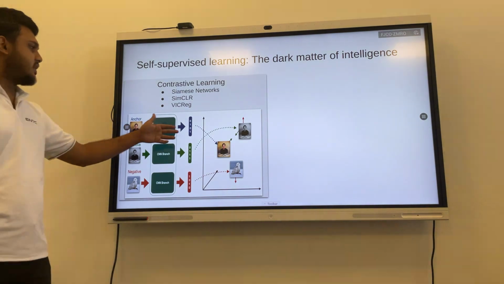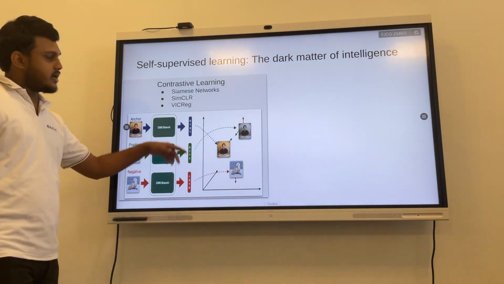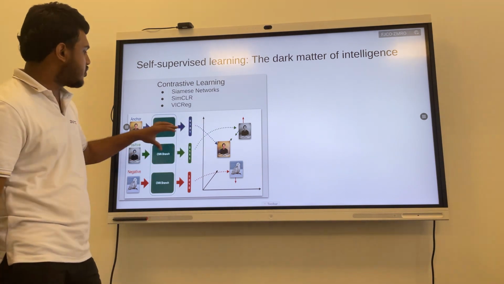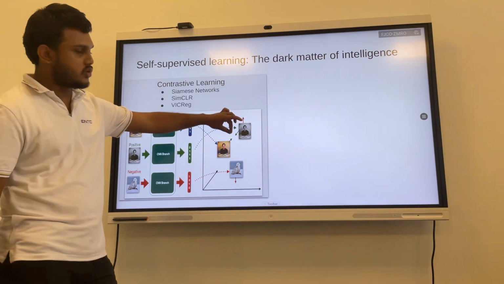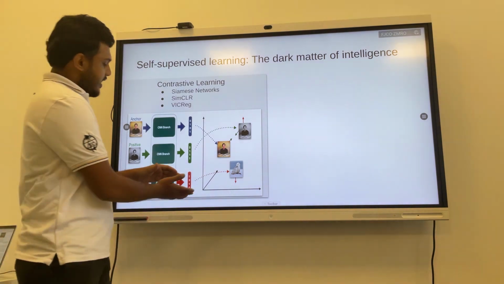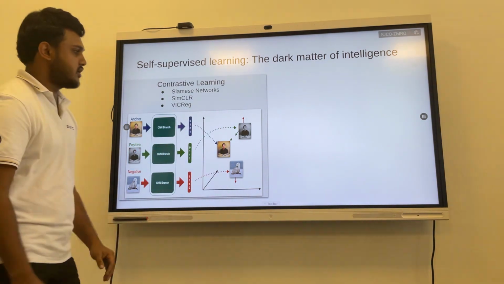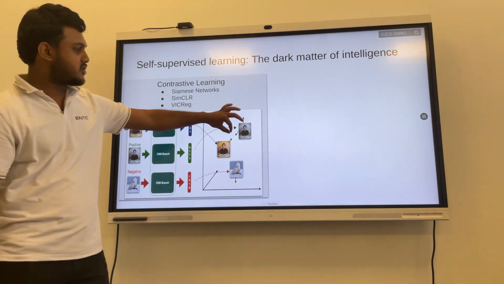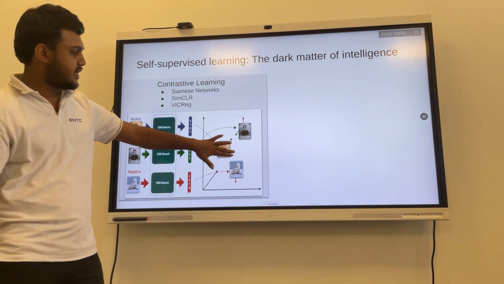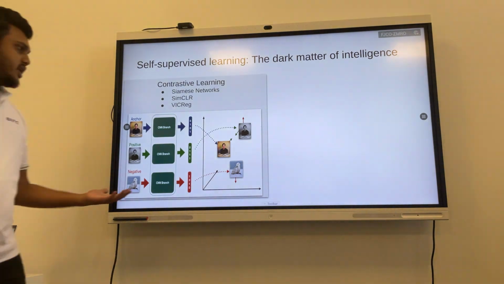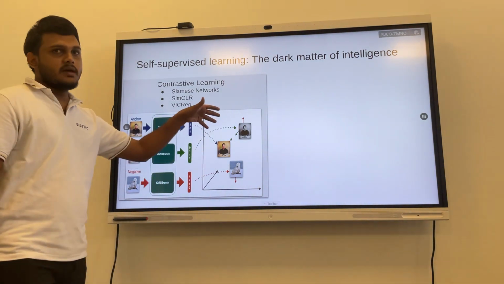Then we send it through our model and get embeddings. When we map it to the embedding space, we want to make the anchor and the positive as close together as possible, and the anchor and the negative ones as far away as possible. Making things closer we call the invariance part, and making things far apart we call variance. By doing that, we learn the embedding space.